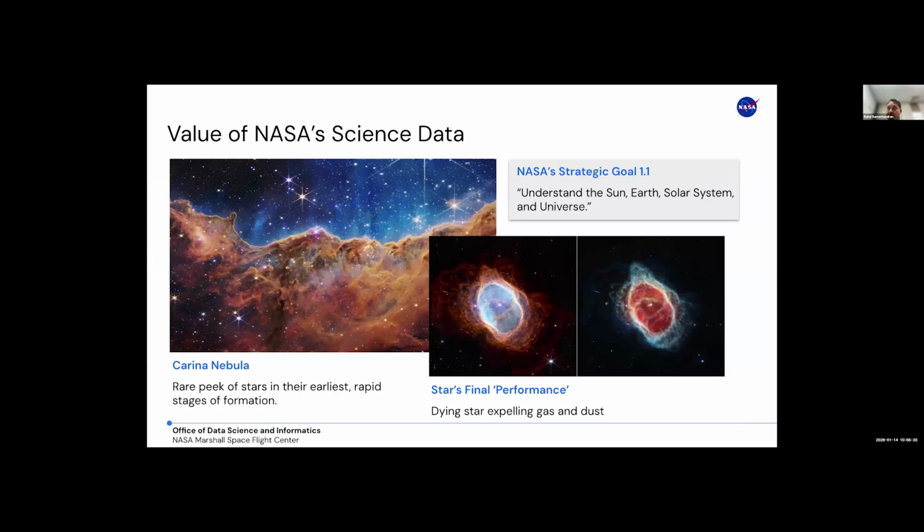So as most of you know, in NASA, we try to answer challenging science questions that range from small cells all the way to large galaxies. But this is fundamentally done based on the vast amount of data we collect through the missions that we have, through different instrumentations.